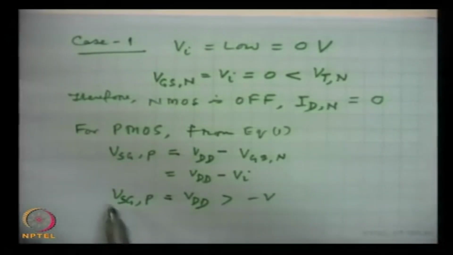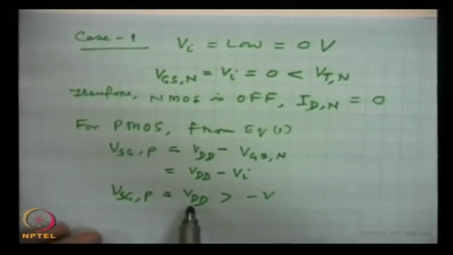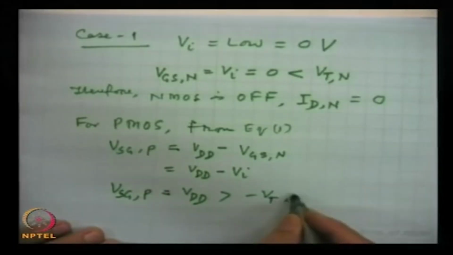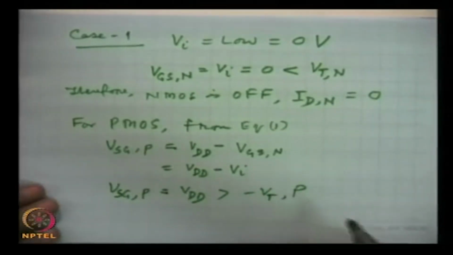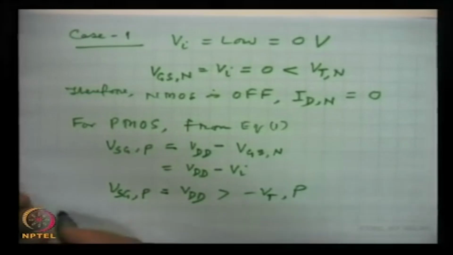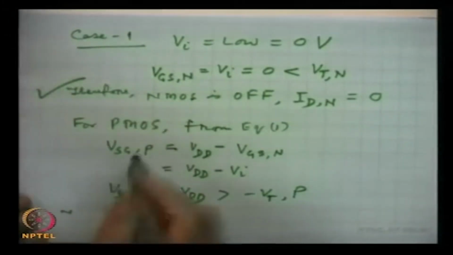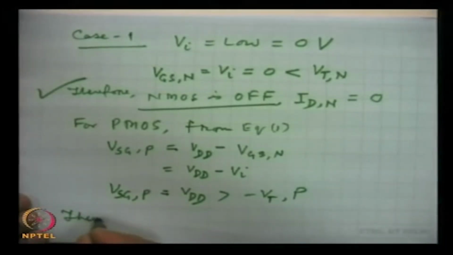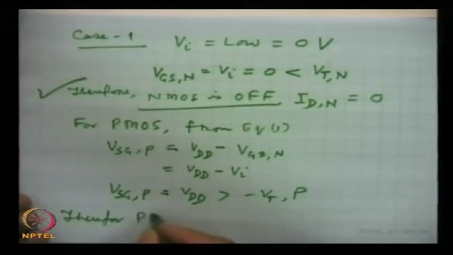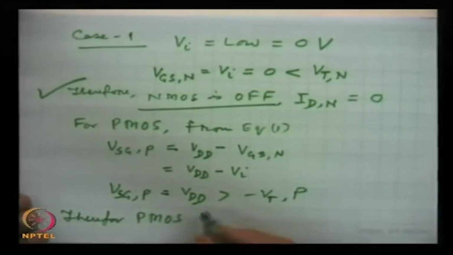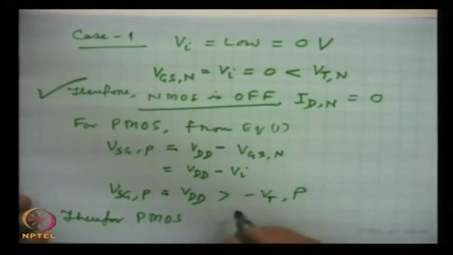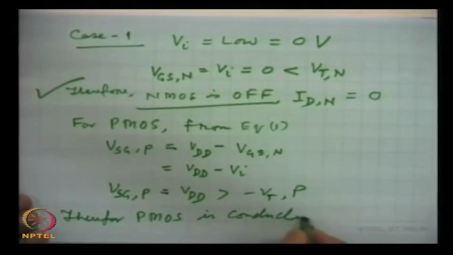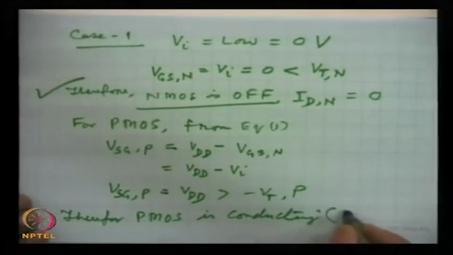So, when VSGP is equal to VDD, it is greater than VT for P, and therefore NMOS was off and PMOS is conducting. That means it is on.